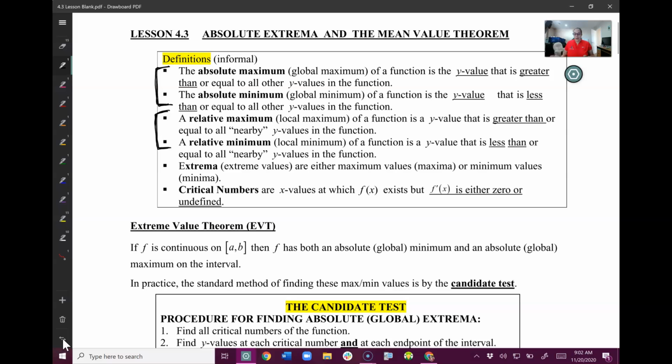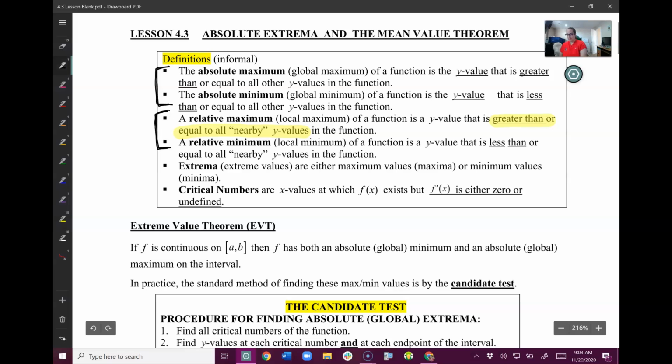Compare that to a relative maximum. It's a y value that is greater than or equal to all nearby y values. So a relative maximum means in that area, it's the biggest value in that area.